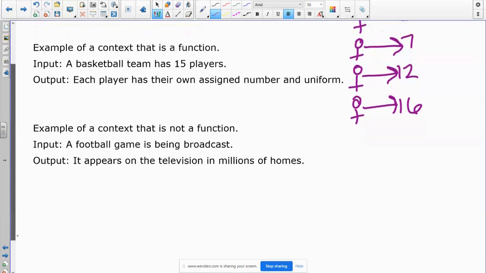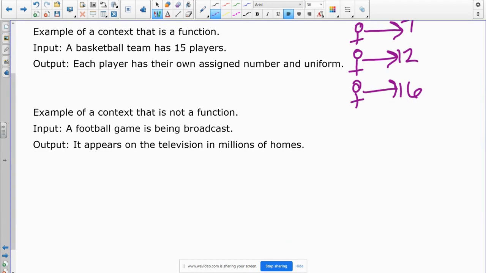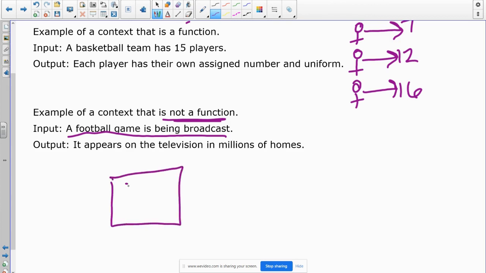If we look at this context, this one's not a function. It says a football game is being broadcast. So we'll say this is my TV here with the antenna, and I've got a football game going on.